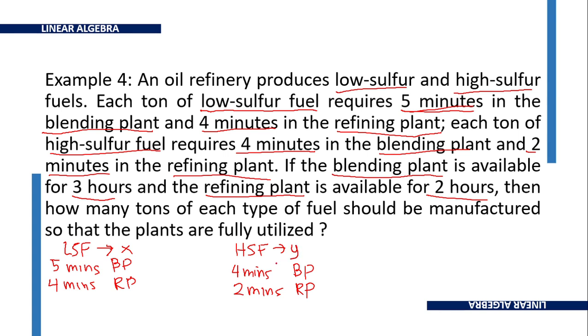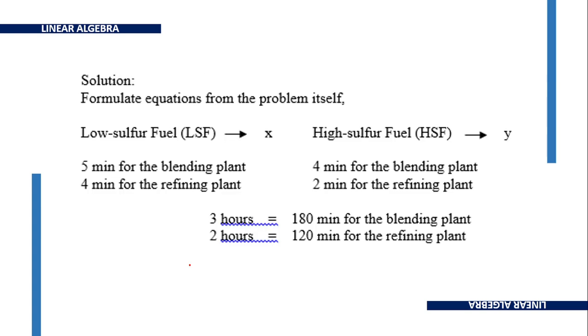Okay, so let's continue since ito naman is nakasulat din dun sa next slide. So, formulate equations from the problem itself. Kailangan kasi natin gumawa ng equations do sa given problem. So, dinenote natin na ang low sulfur fuel or LSF is X and high sulfur fuel or HSF as Y. Nabanggit ko na din naman siya kanina.